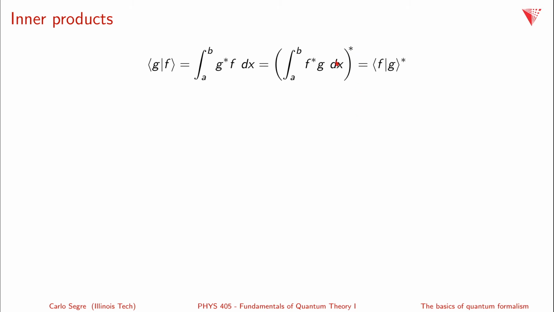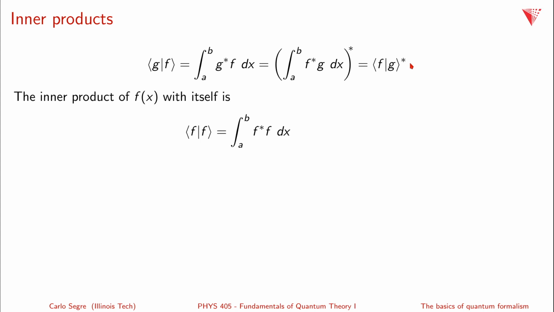Because the complex conjugate won't change dx, but it will change the f star to an f and the g to a g star. But this is simply the inner product of f and g. And so what we're saying then is that the inner product of g and f is equivalent to the inner product of f and g complex conjugate. So if this is a real number, then this is going to be an identity. They're going to be equal.